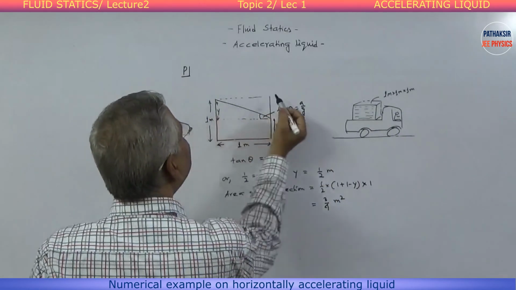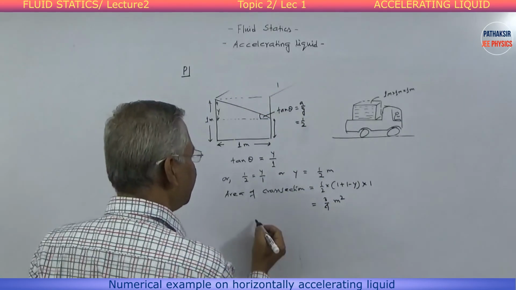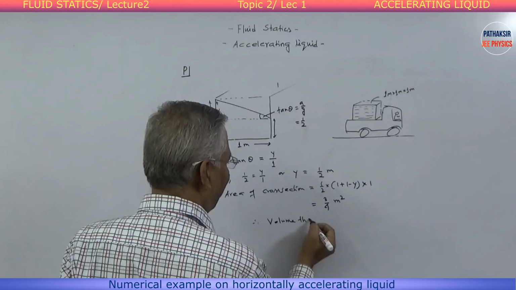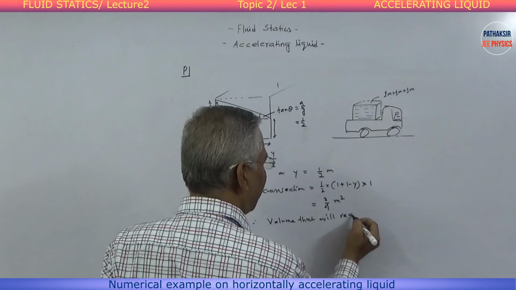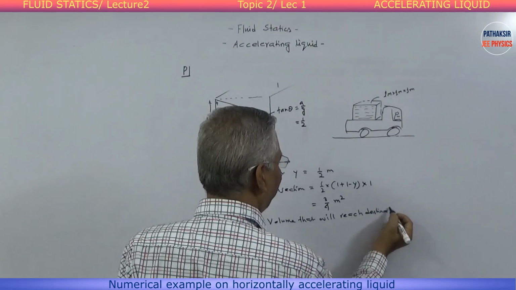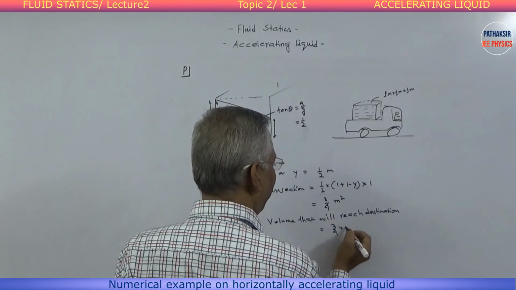And what is the length of this side? It is 1 meter. So the volume that will reach the destination equals 3 by 4 into 1.